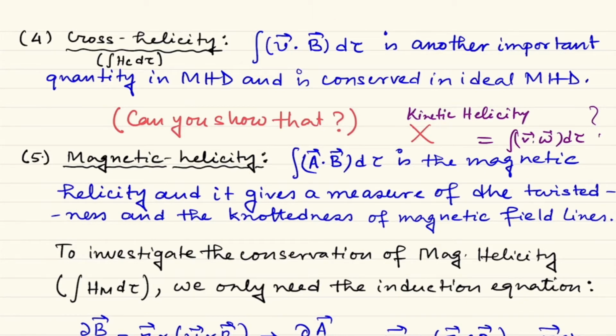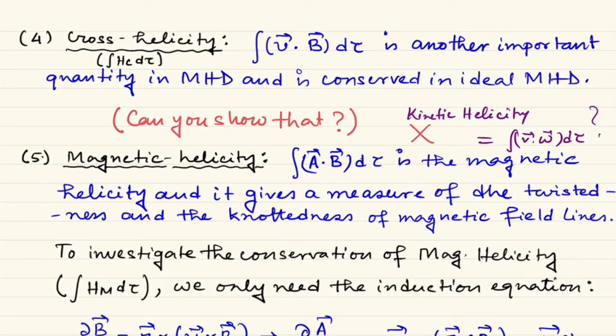But when we consider the inviscid invariance of magnetic helicity, you can easily see that it does not depend on the velocity or the momentum evolution equation. So whether the fluid is compressible or not doesn't play any role here.